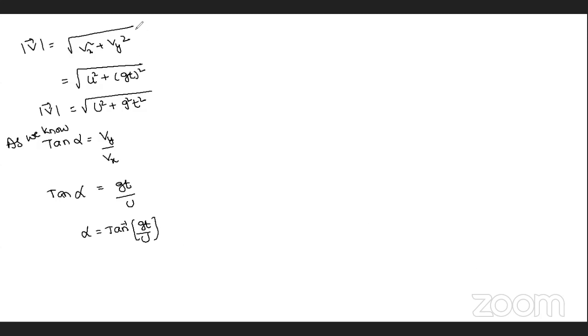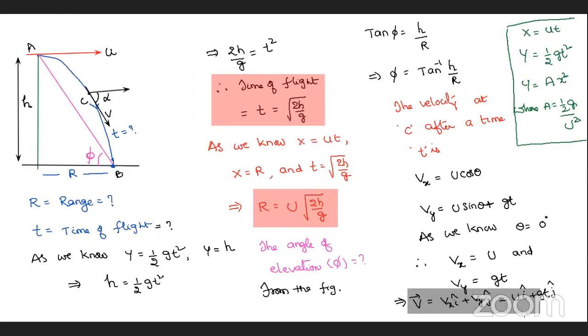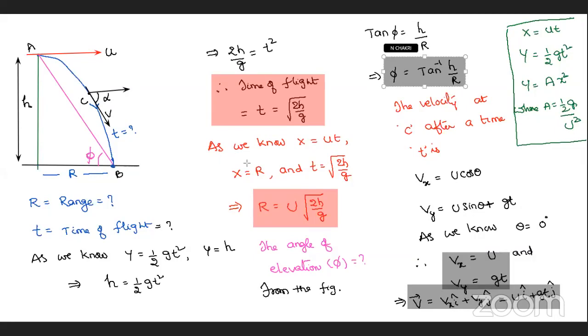So these are the formulae related to the velocity concept: alpha, the magnitude of velocity here. And in the previous page, the vector form of it, and the Vx and Vy values, and here the angle of elevation phi equals tan inverse h by r.